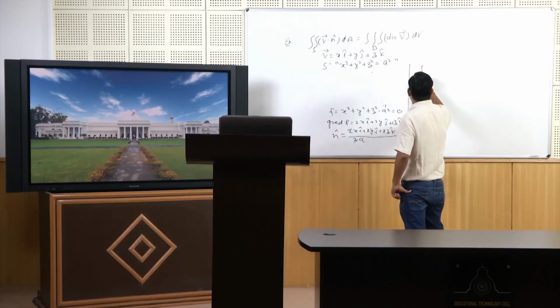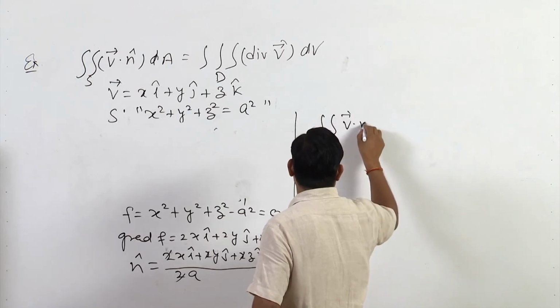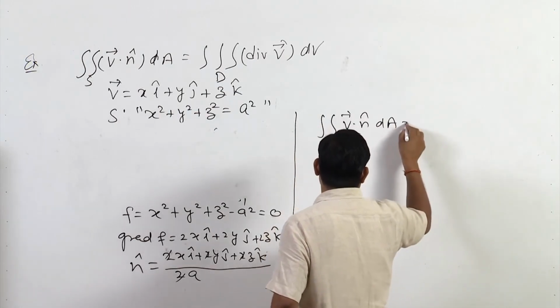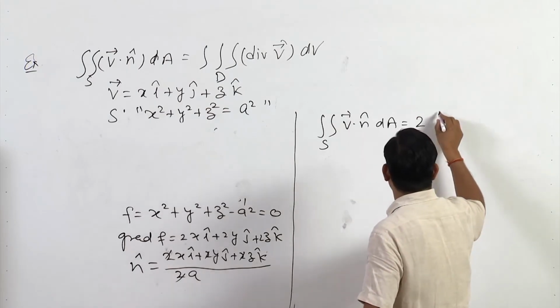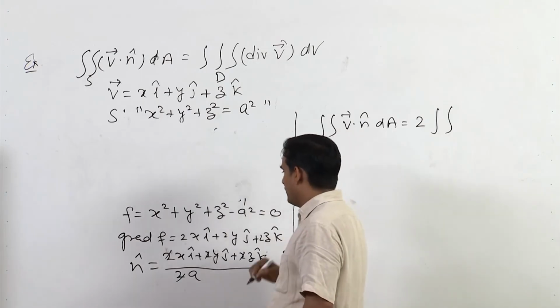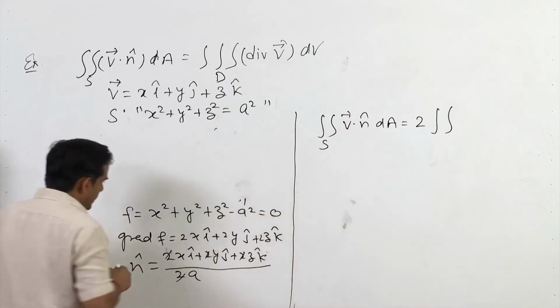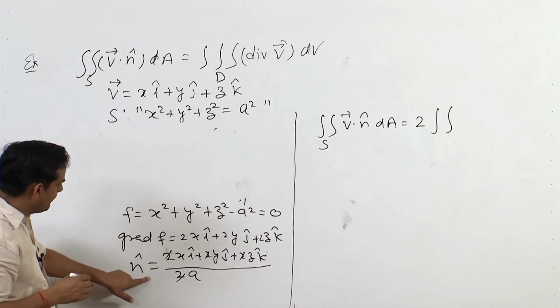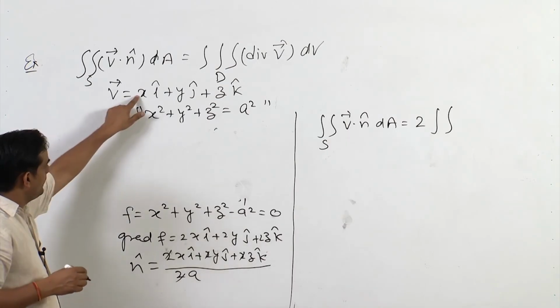Now we need to calculate the surface integral of V dot n dA. So this is twice of that. Now we will calculate V dot n. So my n is given by this, V is given by this.